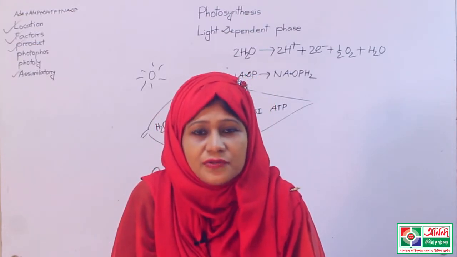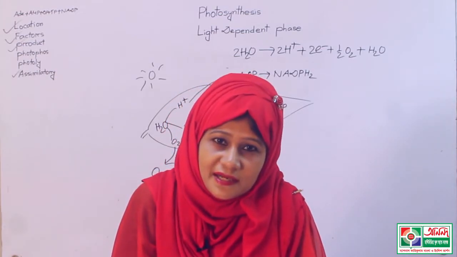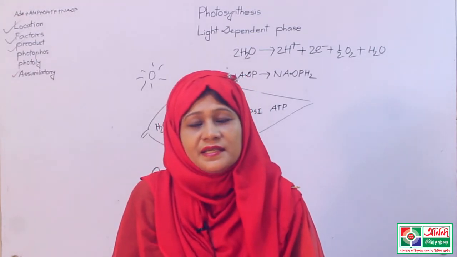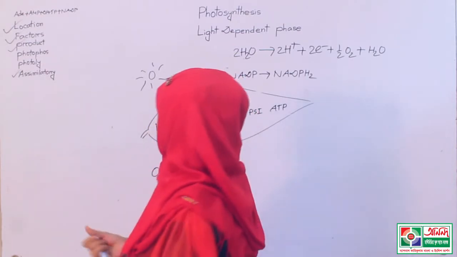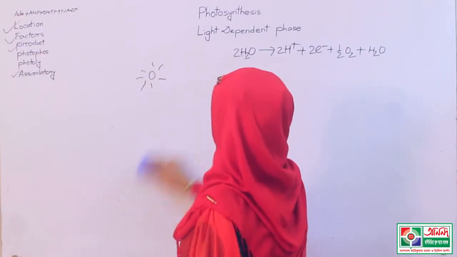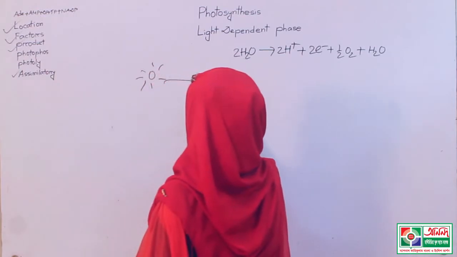Actually, light reaction is a kind of preparatory phase. It demands huge energy, and this energy is supplied from the sunlight, photon particles of the sunlight, and it is stored in the ATP. How? This is the sun, and from this sun we get sunlight.